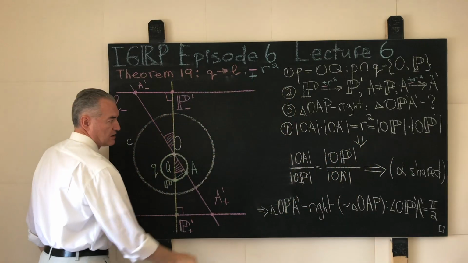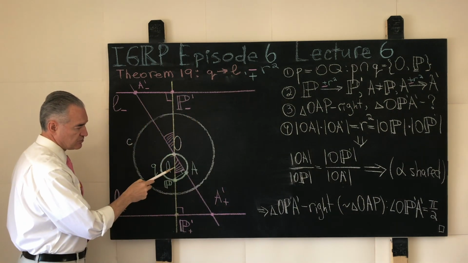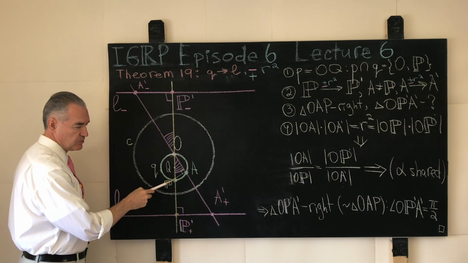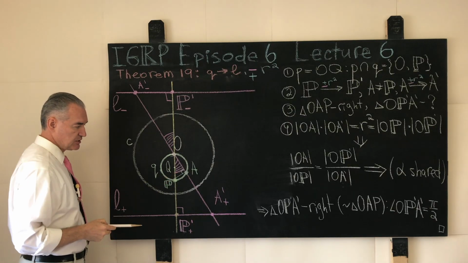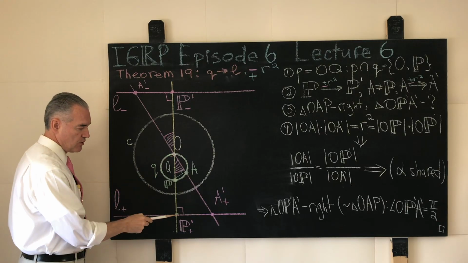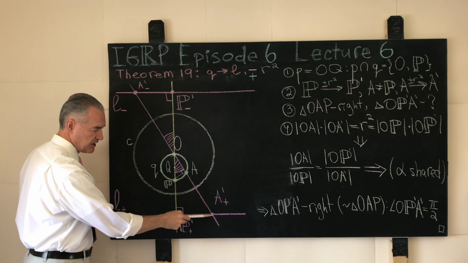Construct the proportion over here and argue that the triangle OAP, which is right by construction, is similar to the triangle OP prime plus A prime plus, this guy. Why?